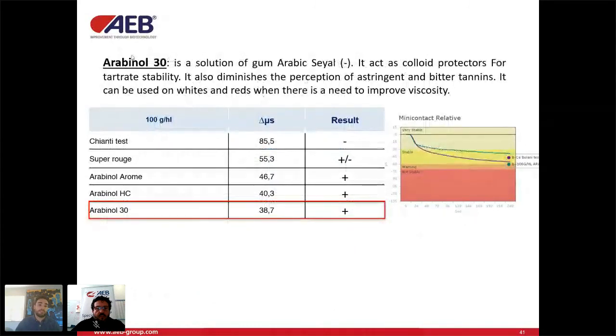Instead, Arabinol 30 is our 100% solution of gum Acacia Seyal, which, as you can see here, we tested in Chianti compared to a control wine that was tartrate unstable. The addition of Arabinol 30 makes the wine stable.